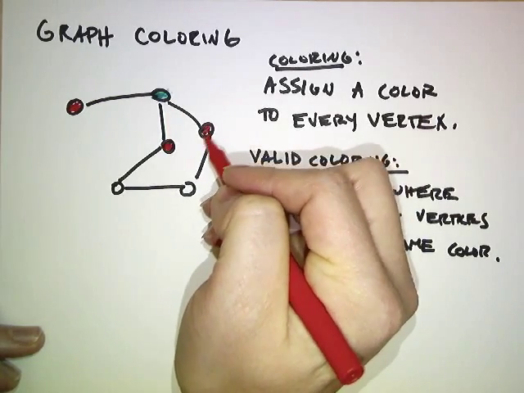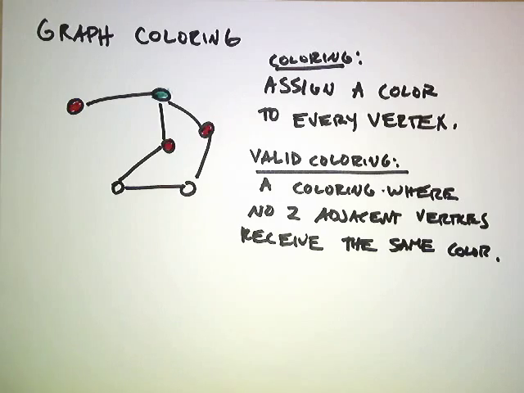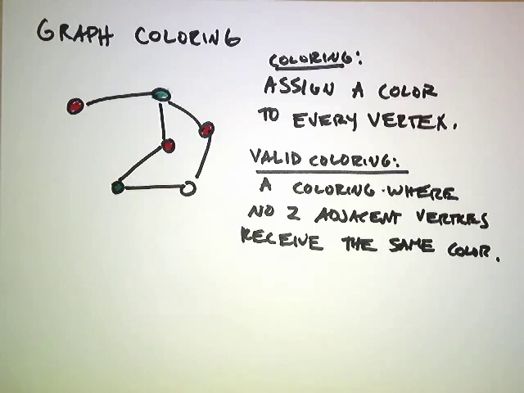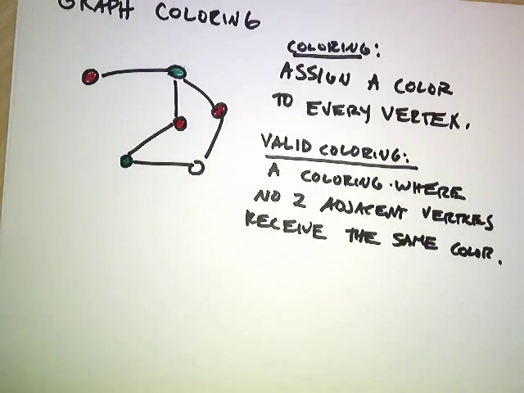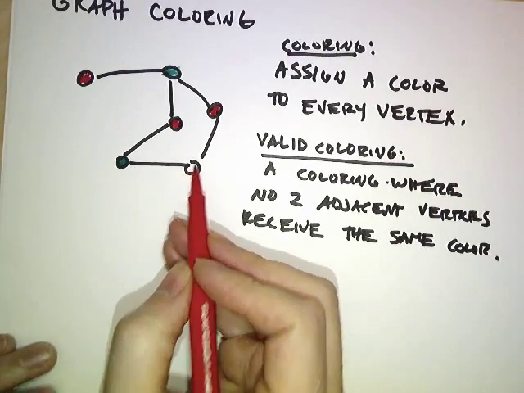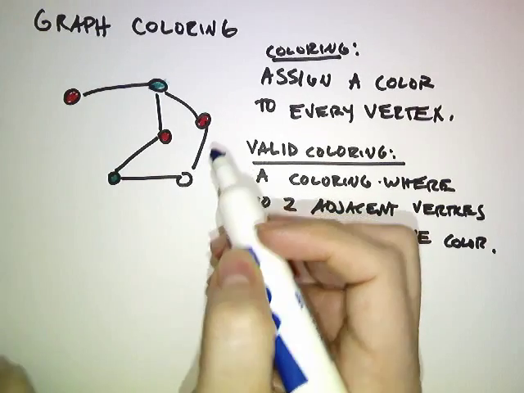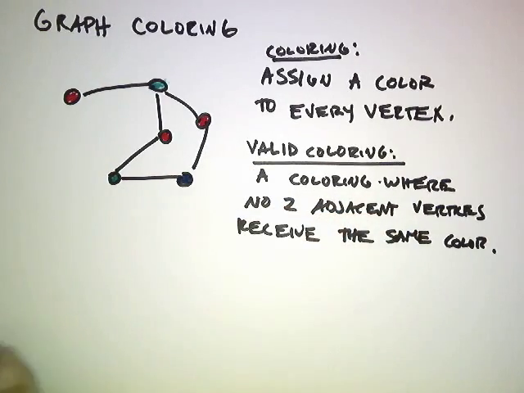So I'll color it red. And okay, I'll color this vertex green. And now I'm in trouble. If I color either this red or green, it's not going to be validly colored. Fortunately, I have a blue marker here, so I'm going to color that vertex blue.